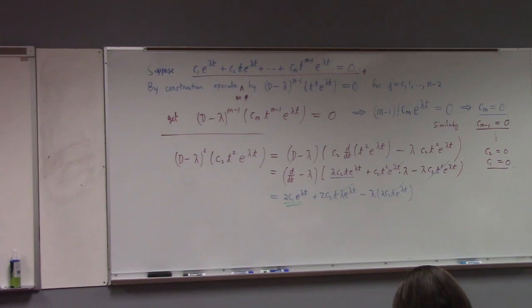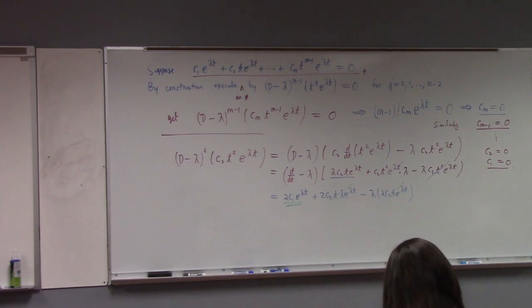All right, but I'll set you up. Example 1. Suppose we've got y triple prime minus 3y double prime plus 3y prime minus y equals 0.